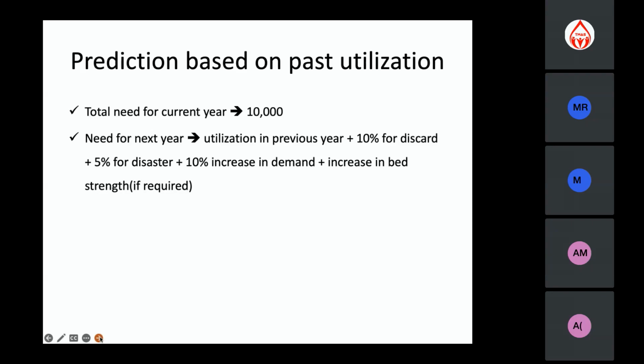And if the center increases bed strength, that has to be considered. So 10,000 is the current year's requirement; 10% of 10,000 for discarding is 1,000, making it 11,000. For disaster, it is 5%, that is 500, and for increasing demand, that is 1,000. So it roughly comes to around 12,500. These are the methods by which we can estimate the blood transfusion requirement for a center.